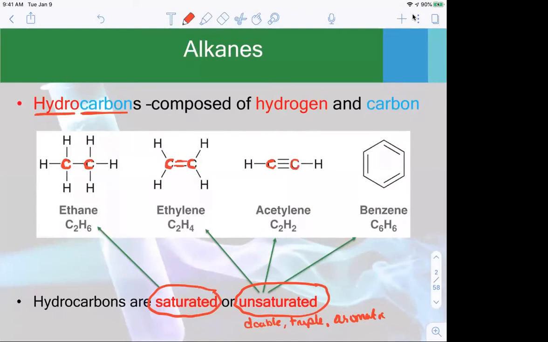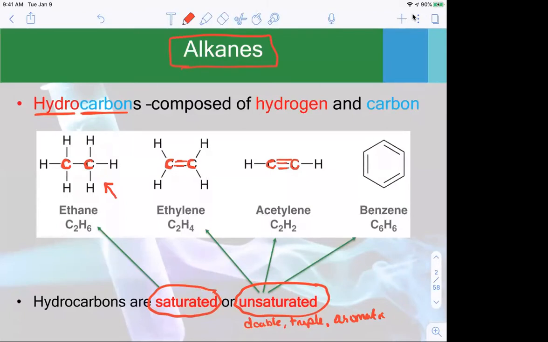Those carbons are unsaturated because instead of having as many hydrogens as I could, like in this structure, what I have is fewer hydrogens because I have double bonding that's occurring. So you have to be able to recognize what's saturated and what's unsaturated in terms of our hydrocarbons.